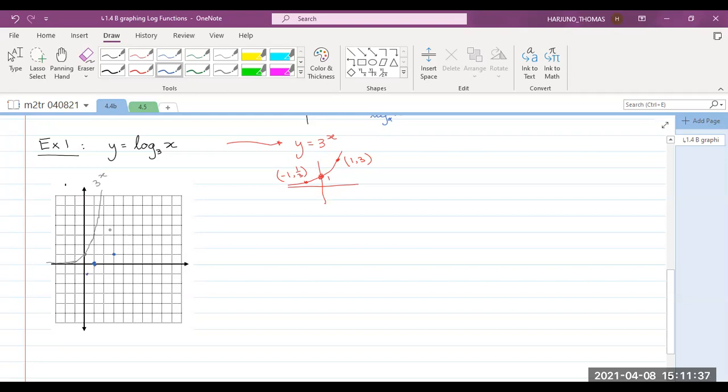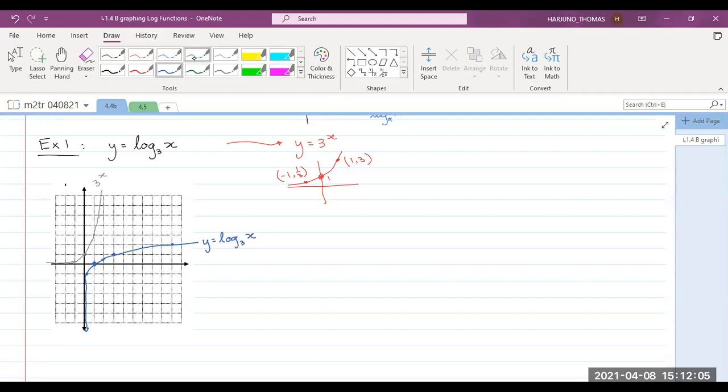In fact, I can go a bit further. When x equals 2, y is 9. So when I reverse that, it becomes (9, 2). So that's what the log base 3 looks like. y equals log base 3 of x.